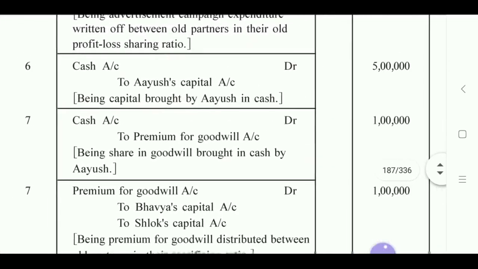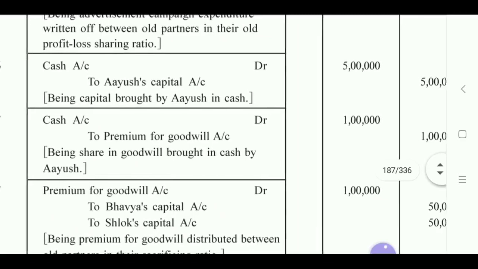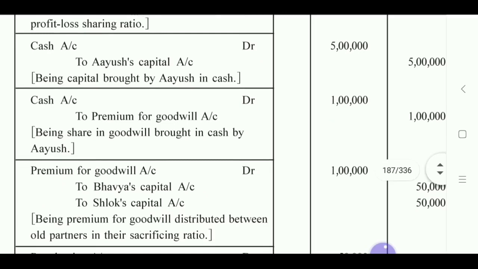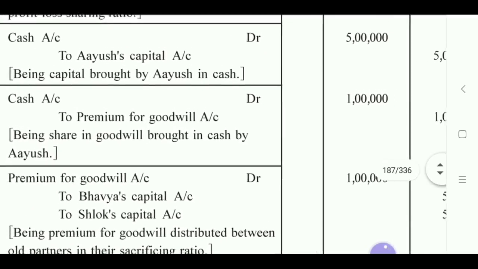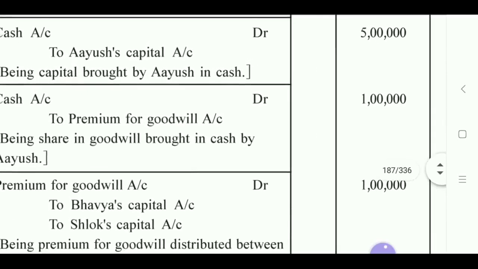Next, this is the journal entry for the premium for goodwill brought by the new partner. This journal entry I have explained very well in the video which I have uploaded regarding the explanation of accounting treatment of goodwill. So this is the journal entry regarding the amount of goodwill which has been brought by the new partner. Cash comes in and it is for premium for goodwill.